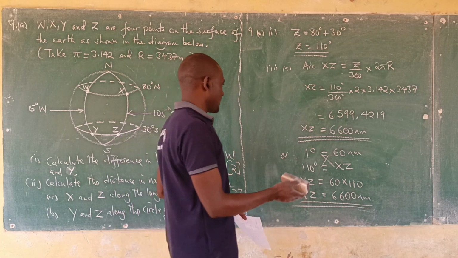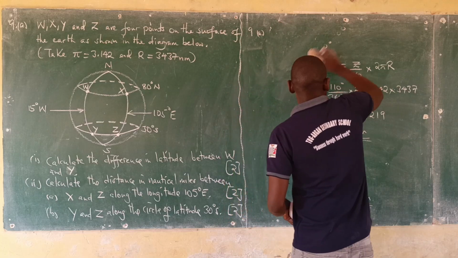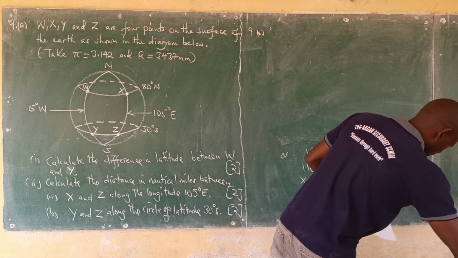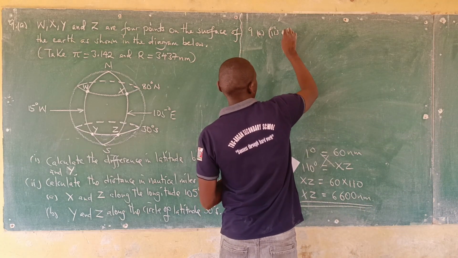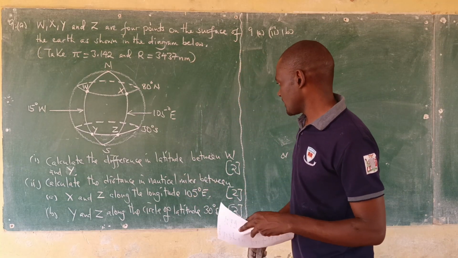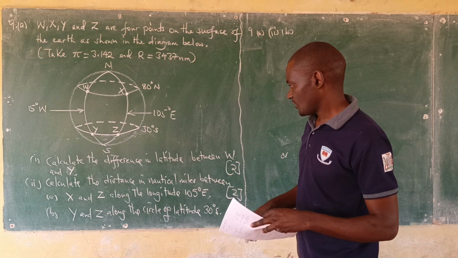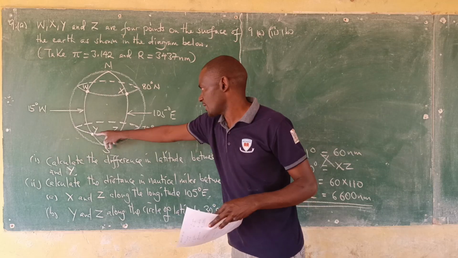So the next part, that is part 2B. For part 2B, the question says calculate the distance in nautical miles between Y and Z. This distance.